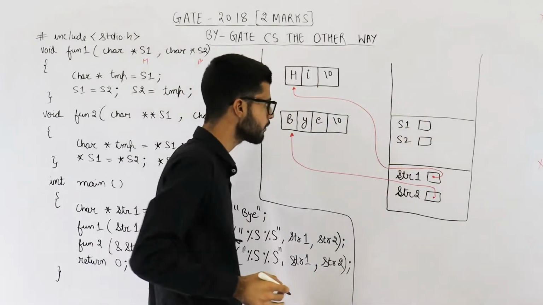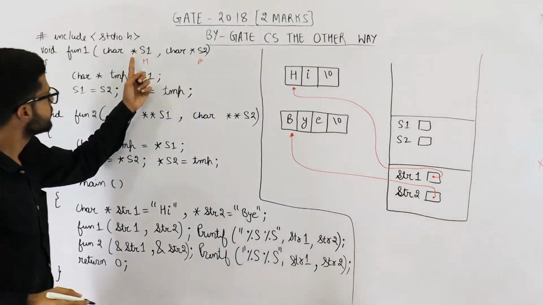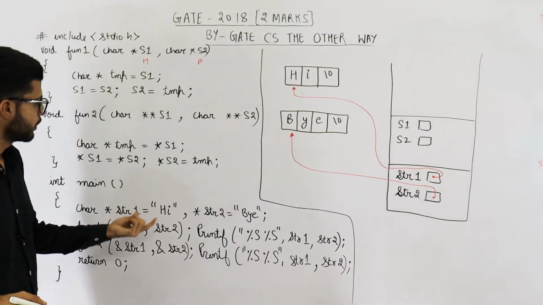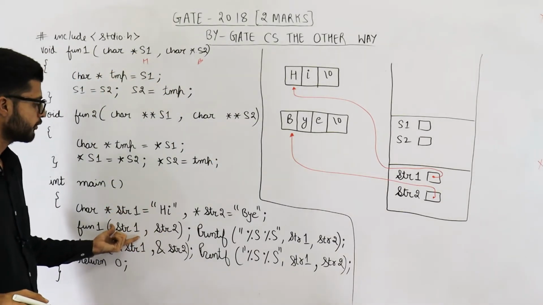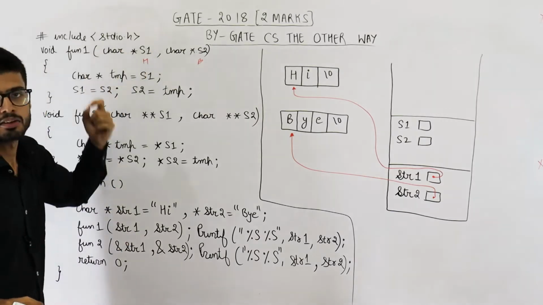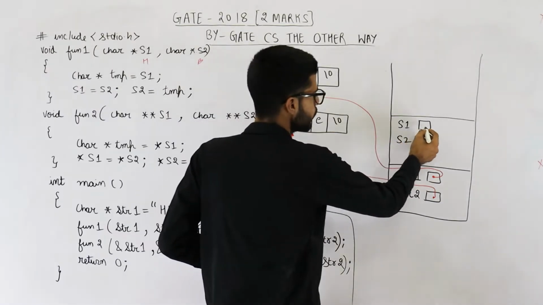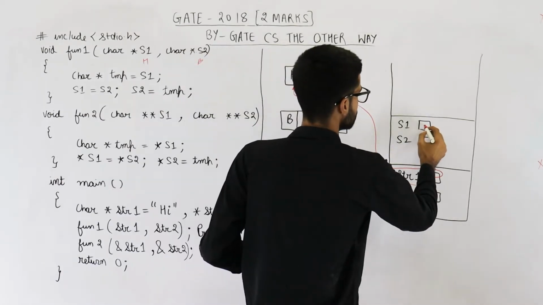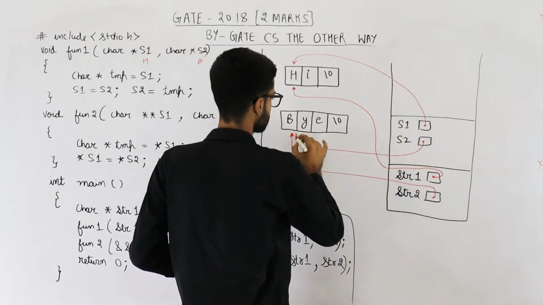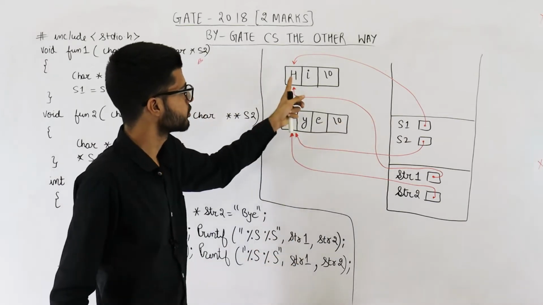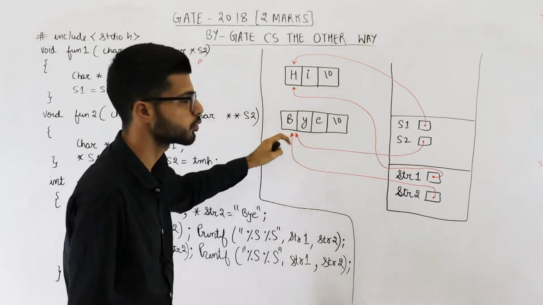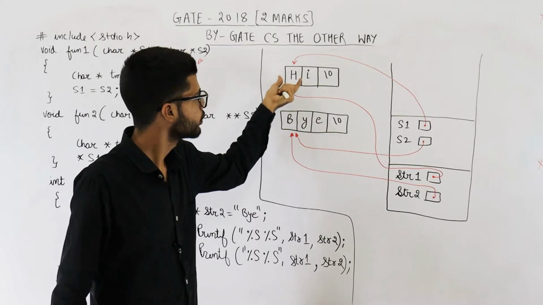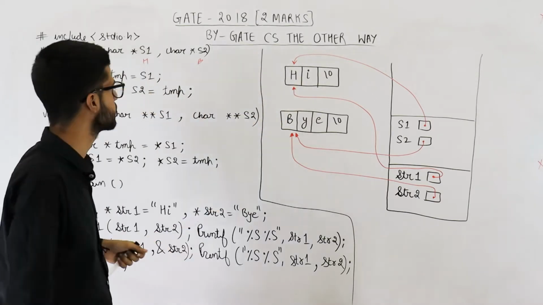Both of these are pointers to characters. We are passing the address of h here, so s1 will also point to this h only. S1 points to hi and S2 points to bye, specifically to the first characters of these two strings respectively.